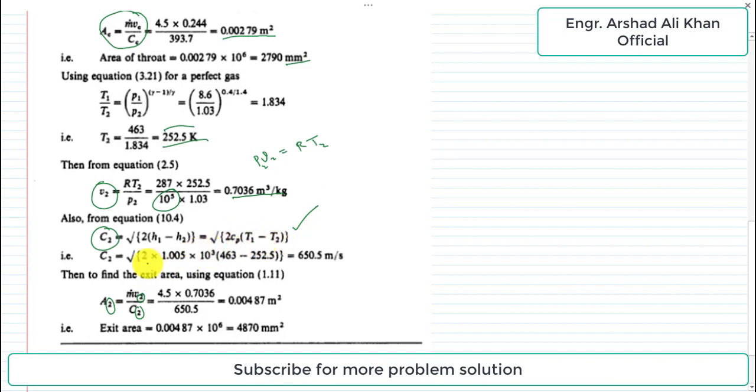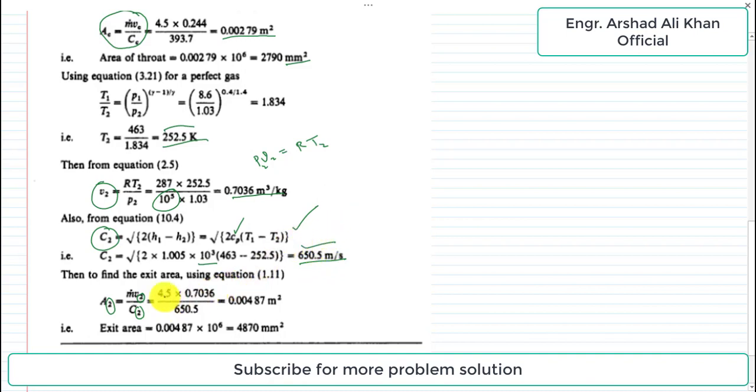Now putting the values under the root, 2 multiplied by 1.005, which is the value of Cp. Again converting kilojoule into joule, we multiply 10 to the power 3. T1 is 463 and T2 is 252.5. When we simplify this, the C2 value comes out 650.5 meter per second.